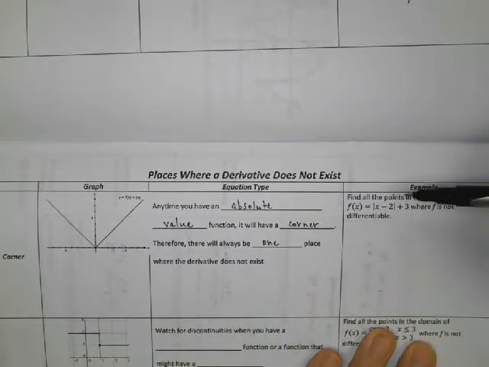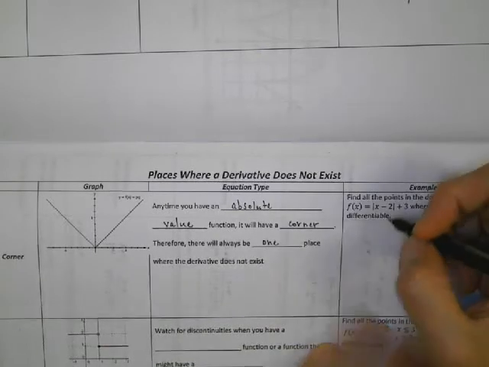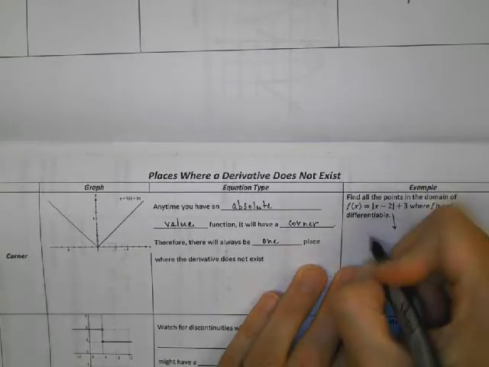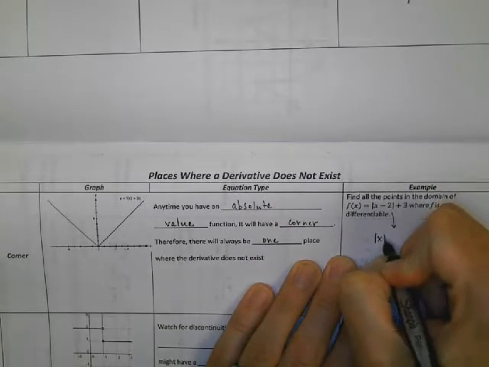So for example, my question asks me to find all the points in the domain of f of x equals the absolute value of x minus 2 plus 3 where f is not differentiable. So using what we know about translations, our parent graph is the absolute value of x, and we know this is translated to the right 2 and up 3.